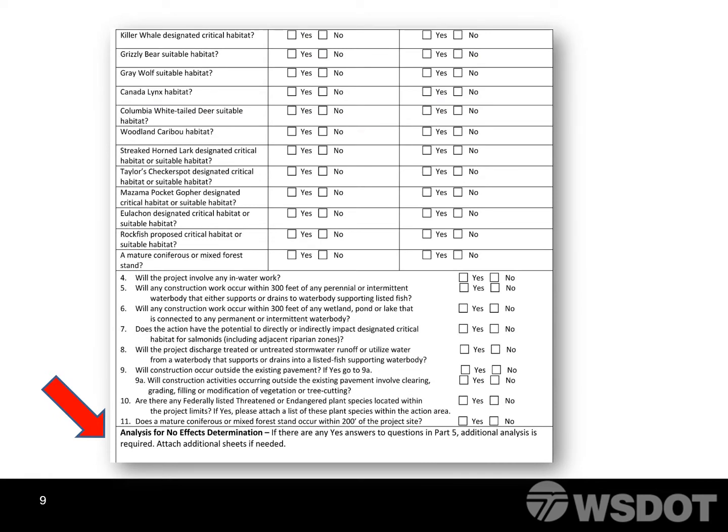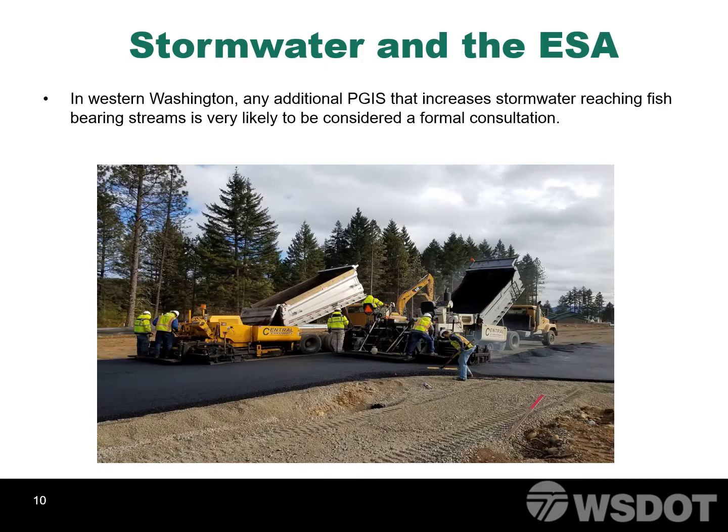This is a continuation of the list of ESA species that could occur in your project area, as well as questions about what may occur on your particular project that help to identify and narrow down where you could be dealing with ESA species.